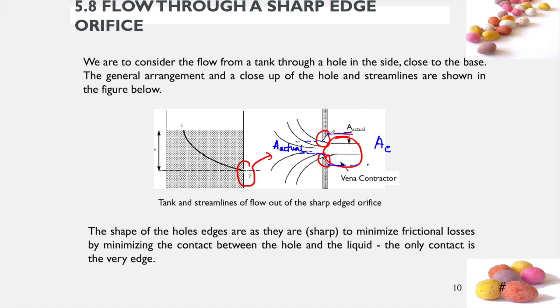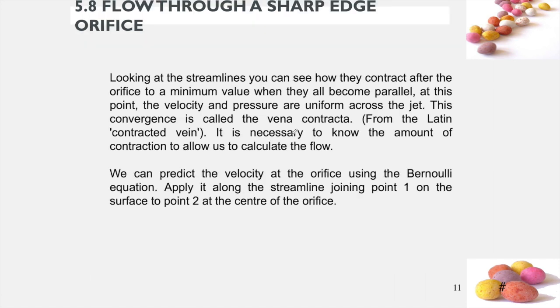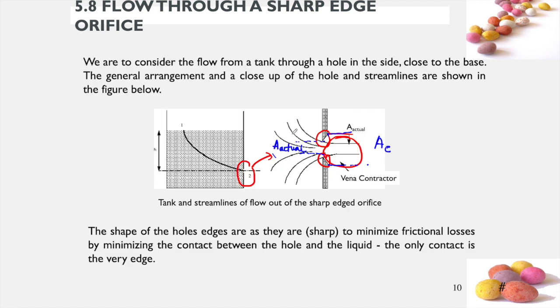So normally we will give you the diameter of this area, but we do not give you the A actual. But we can solve that issue in order to get the actual area.